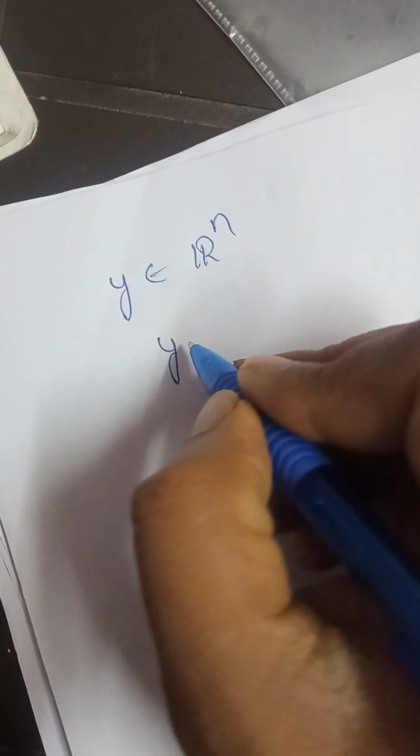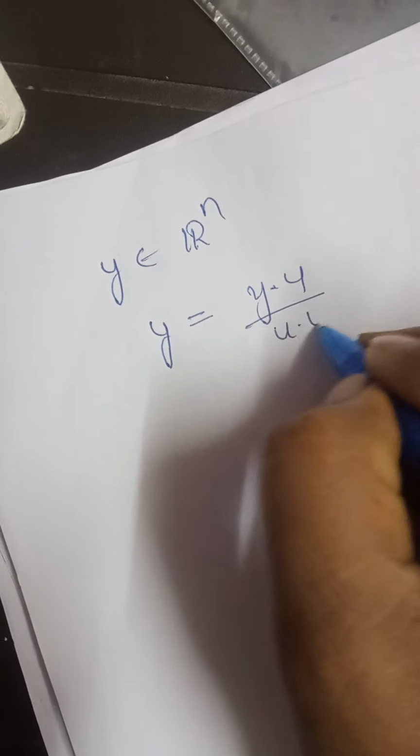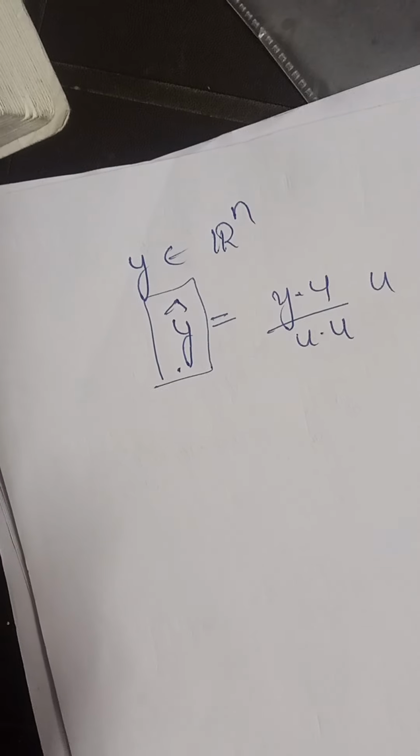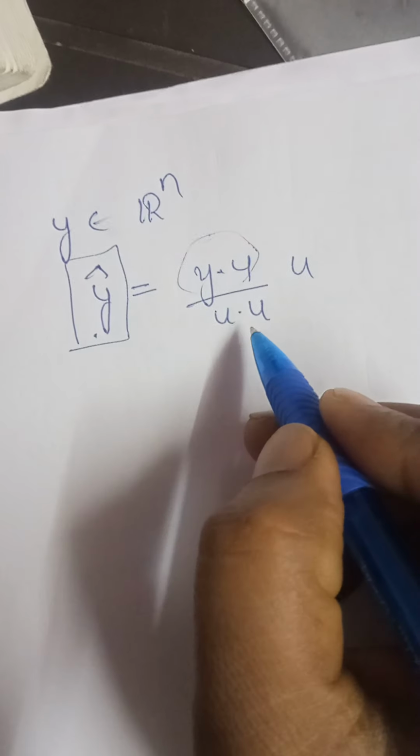The orthogonal projection of y on u can be written as y dot u by u dot u into u. This is denoted by y cap. y cap is the orthogonal projection of y onto the vector u. This is the formula. You know how to find the dot product or inner product.